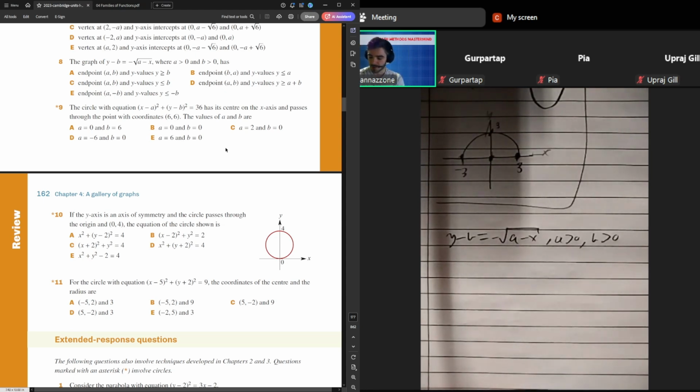What might we do here? Or maybe even before that, what kind of graph is this? If you were to describe the name of the graph.